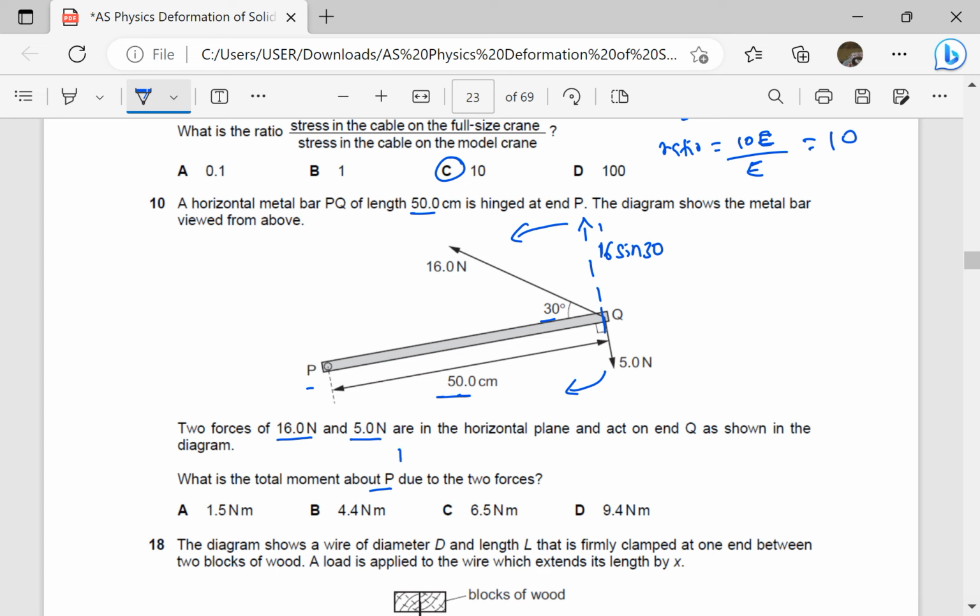Therefore, I will have that 16 sine of 30 times the perpendicular distance, which is going to be 50.